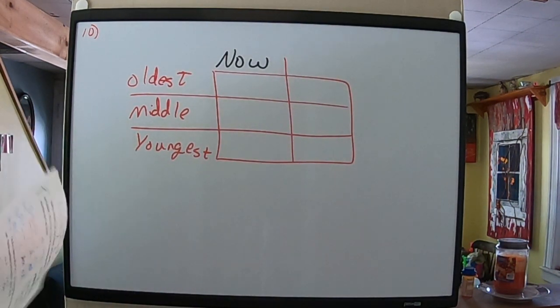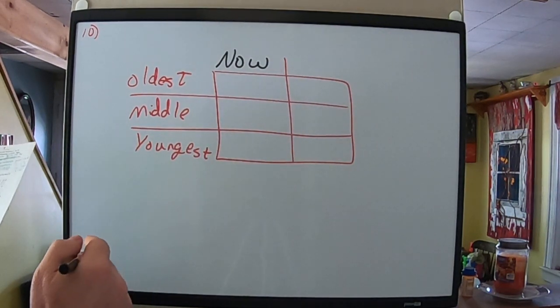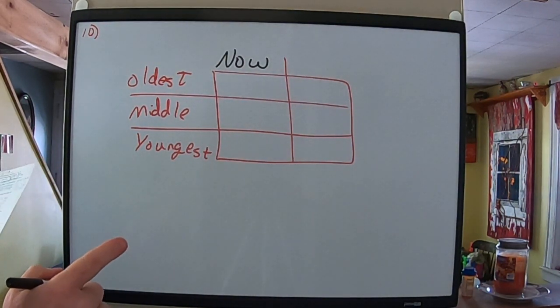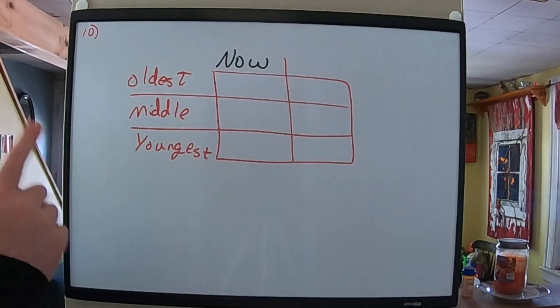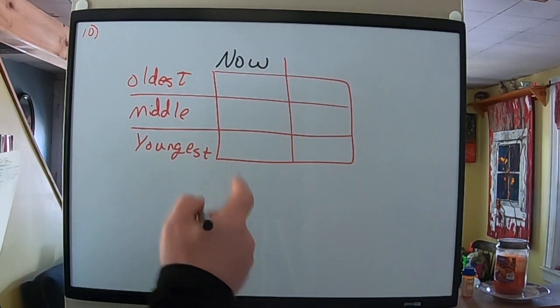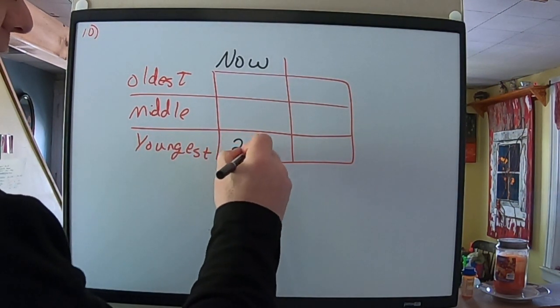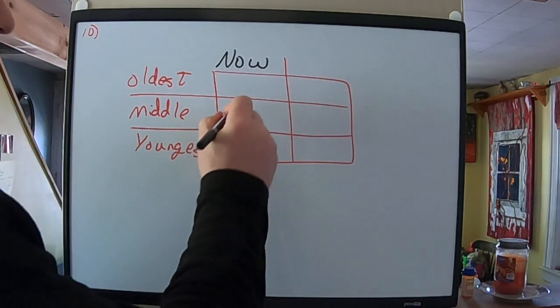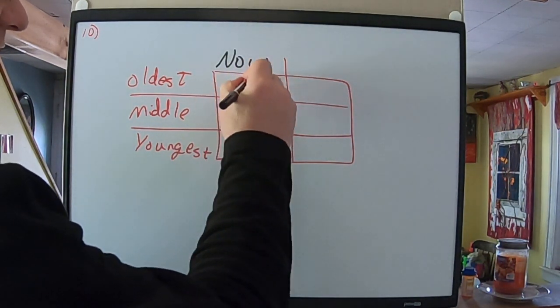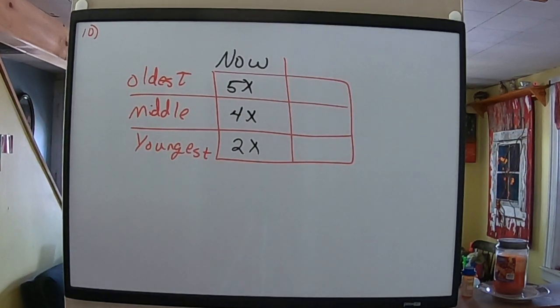So, this case, they said that the youngest is 2, the middle is 4, the oldest is 5 in ratio. So we do 2x, because we don't know what we're multiplying by, 4x and 5x. That keeps them in the same ratio.